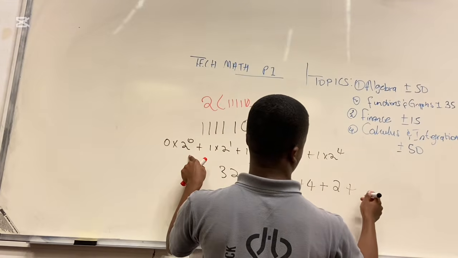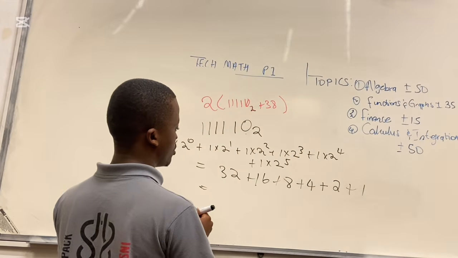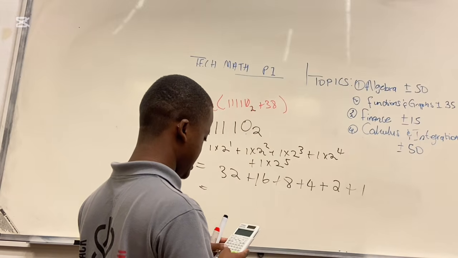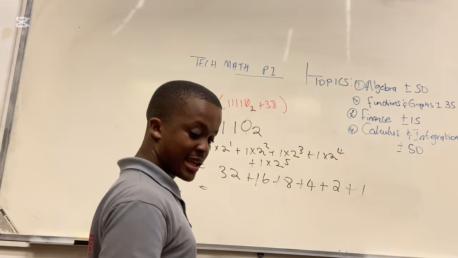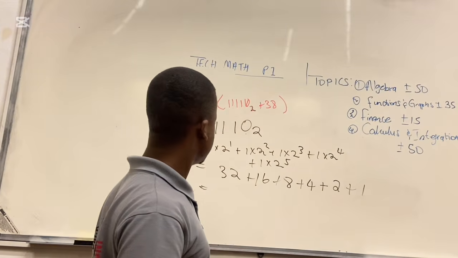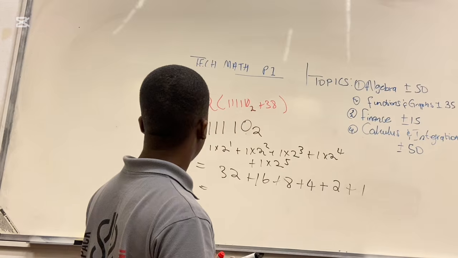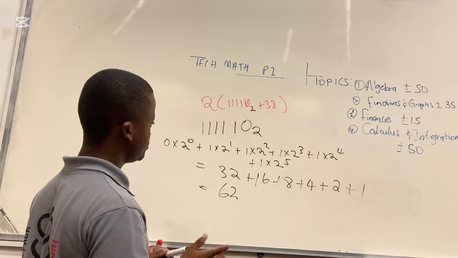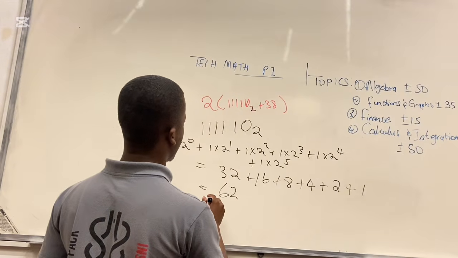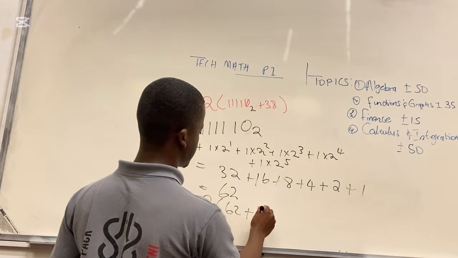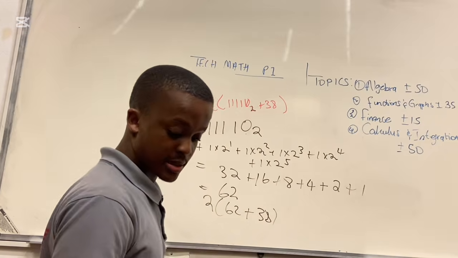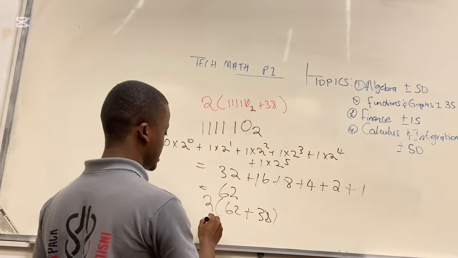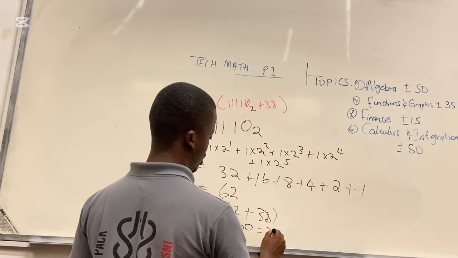Anything to the power of 0 is 1. So 32 plus 16 plus 8 plus 4 plus 2 plus 1 is 62. Then we have 2 times 62 plus 38. This is 62 plus 38, which is 100. 2 times 100 is 200.